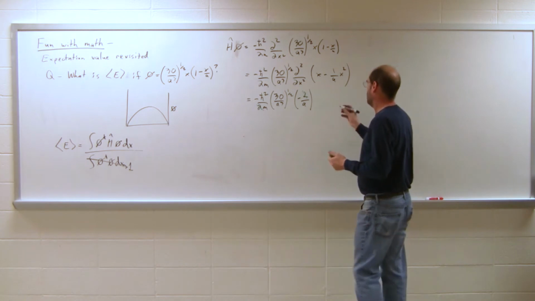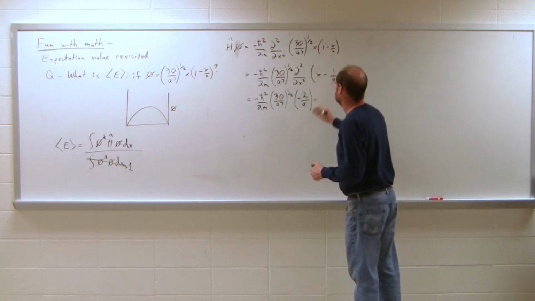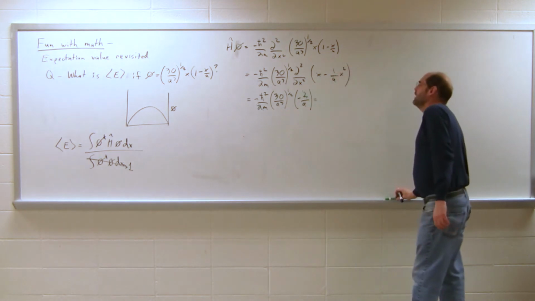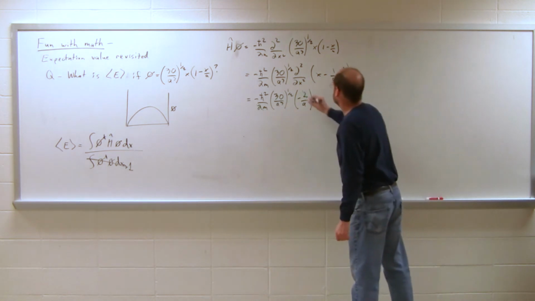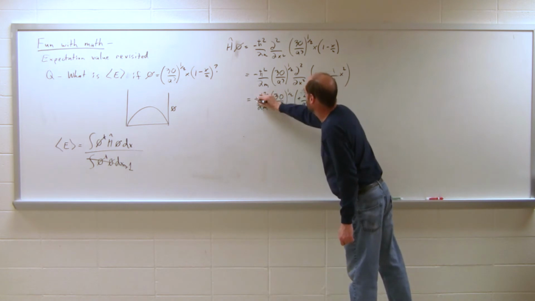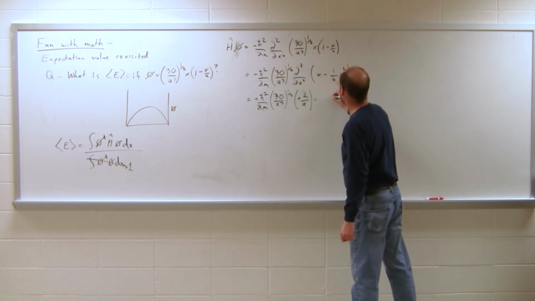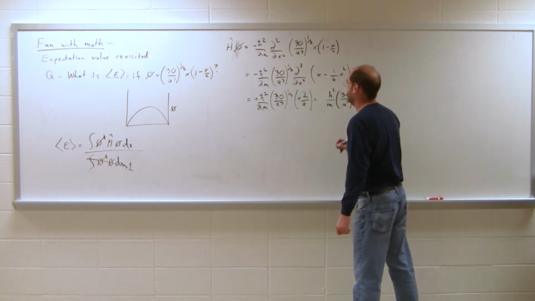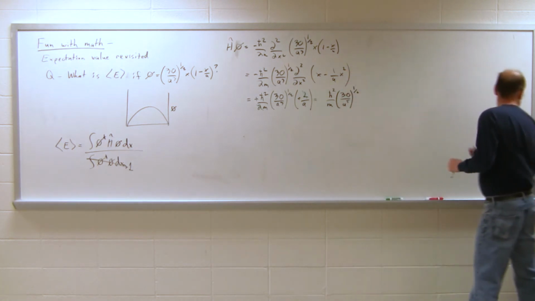Consolidate terms: this is going to be a to the 5th down here, and my minus signs will cancel. So this is going to be equal to h bar squared over m, (30 over a to the 5th) to the 1/2. That's H psi.